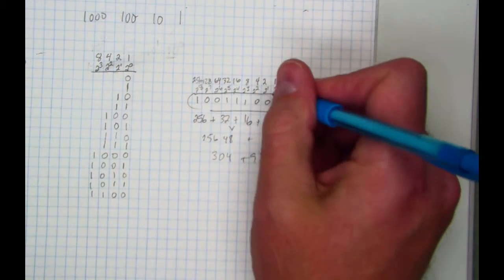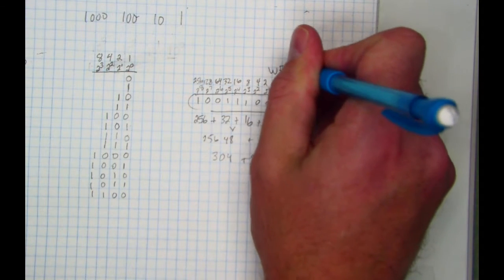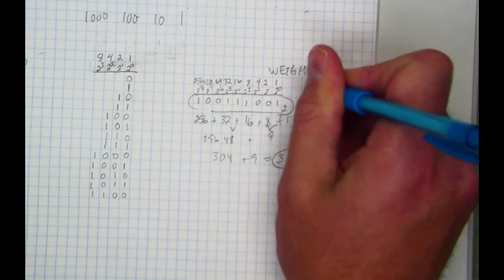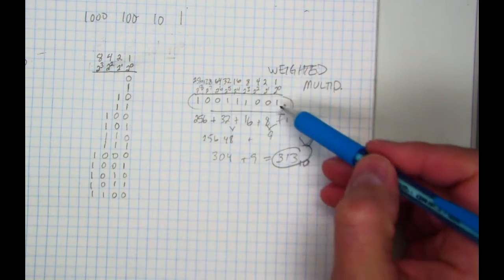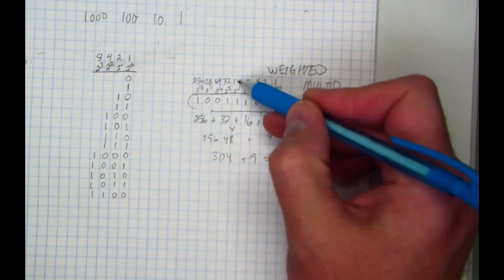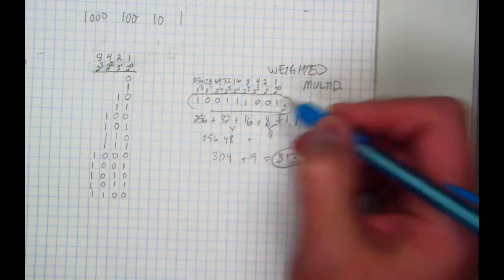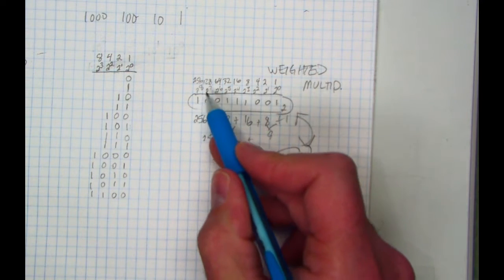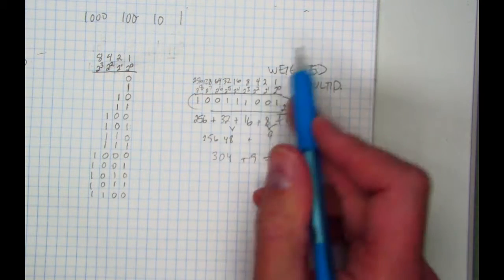To go from binary to decimal, that's very easy. We do what's called weighted multiplication. You can see it's what is the weight of the column: 1s, 2, 4, 8, 16, 32, 64, 128, 256, keep on going. And if you have it, you take it times 1. And if you don't, you take it times 0. So 256 times 1, 128 times 0, but that ends up being 0. 64 times 0 goes away.